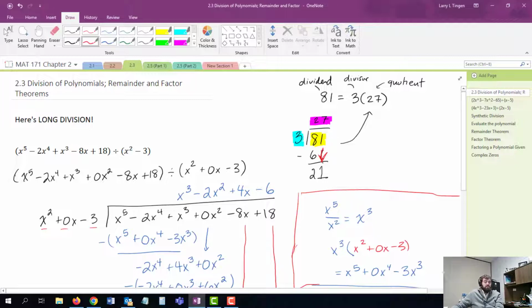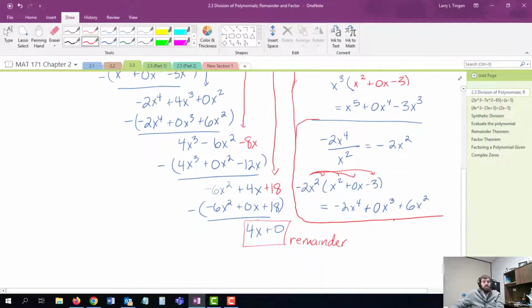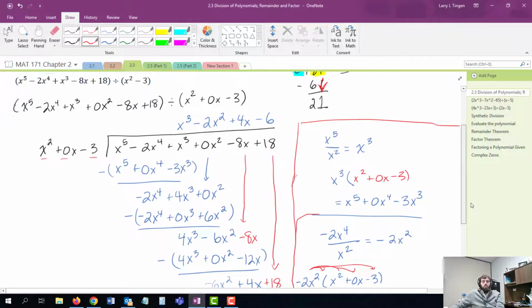Subtract everything, the remainder is 0. That means that 3 goes into 21 perfectly. Same idea here. Does x squared plus 0x minus 3 go into x to the 5th minus 2x to the 4th plus x cubed minus 8x plus 18 evenly? No, it does not, because the remainder is non-zero.